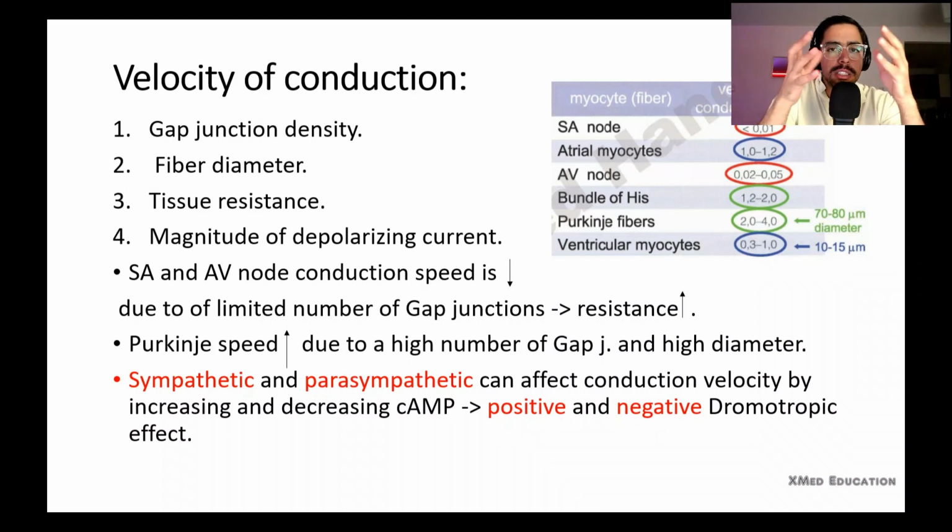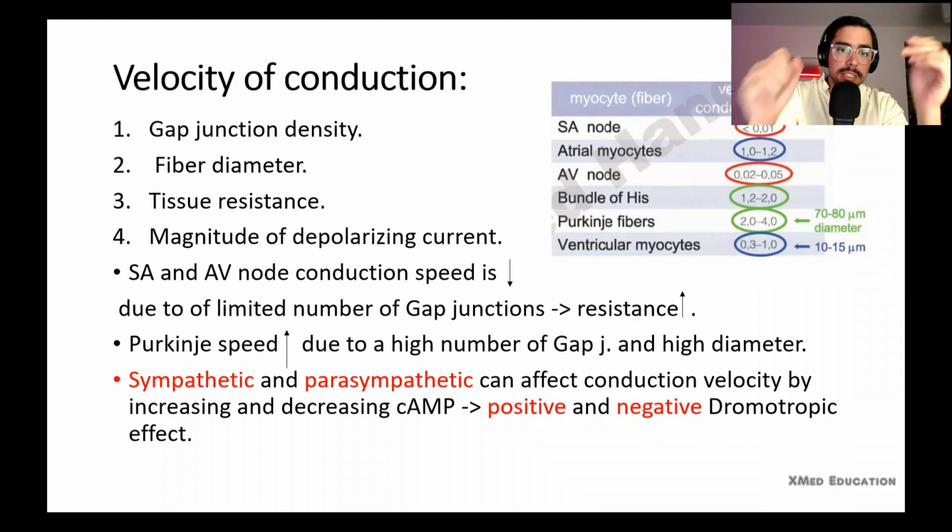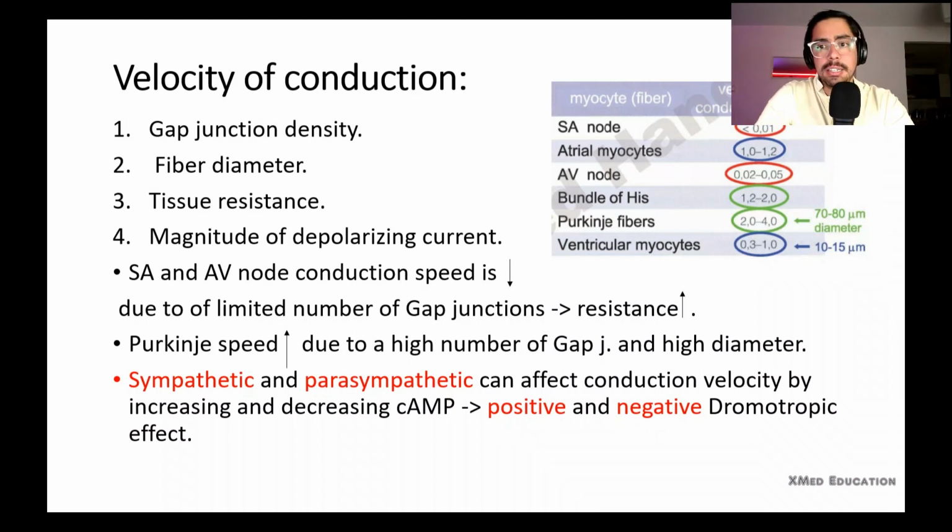If it's something small, they don't have a very high speed, but if the magnitude is pretty high, the speed is going to increase. And as you see here, there are some numbers that show the velocity of conduction. Please don't mix this with the frequency of impulse generation in the SA node and AV node that we explained in part 1 of these videos.